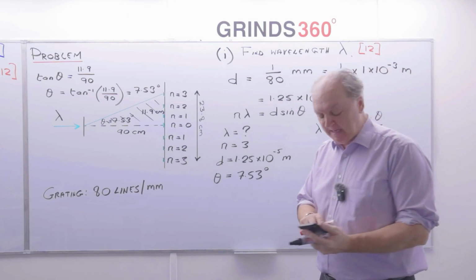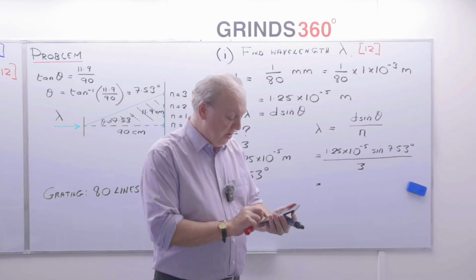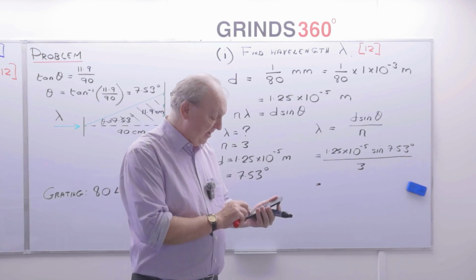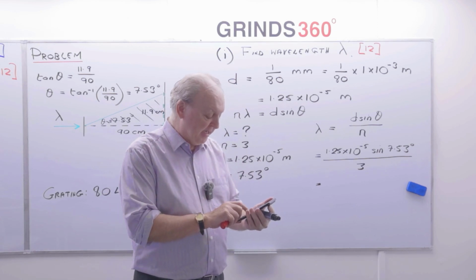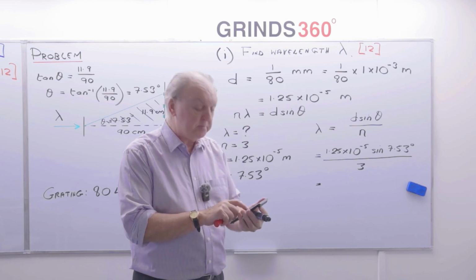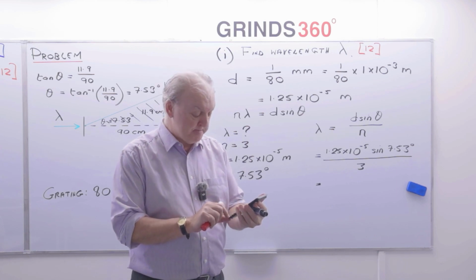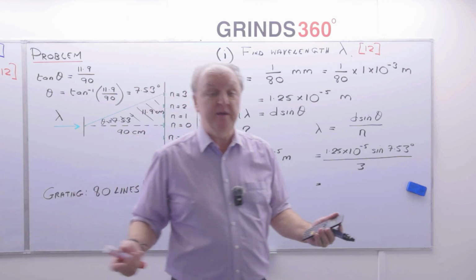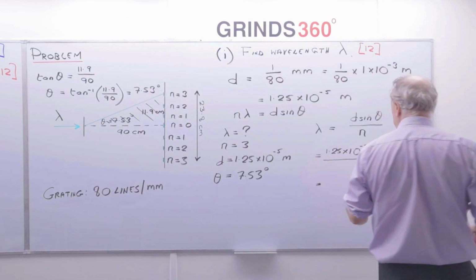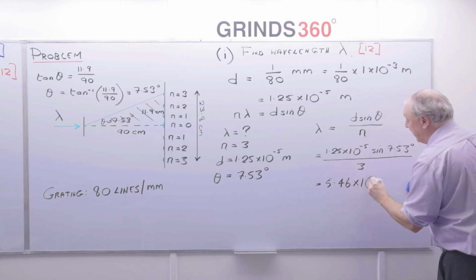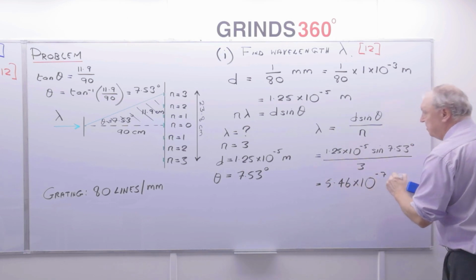So put all that into my calculator: fraction, 1.25 by 10 to the power of minus 5, multiplied by sine of 7.53, close bracket, all over 3. And you get an answer of, let's go 2 decimal places, 5.46 by 10 to the power of minus 7 meters.